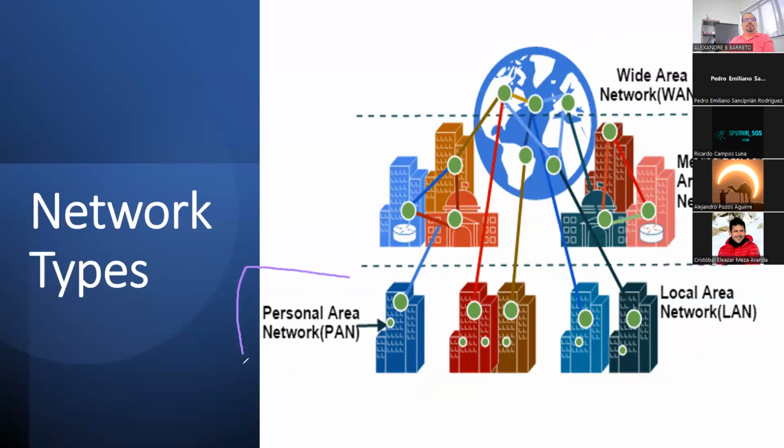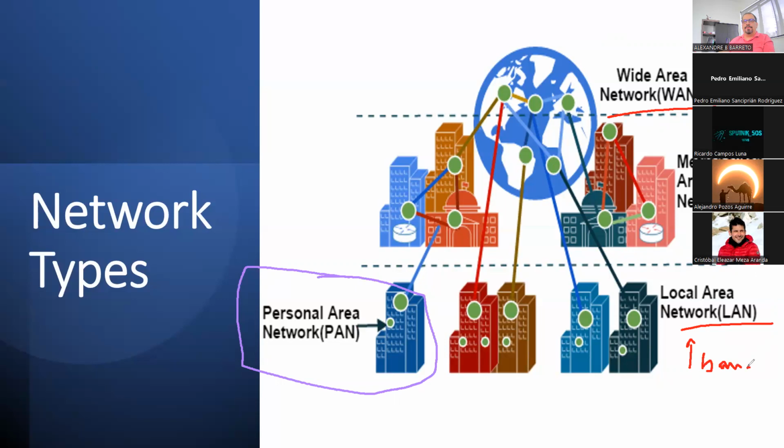The personal area network is a little different. But between the other networks, the local area and the WAN, the difference is, for example, here you have big bandwidth.